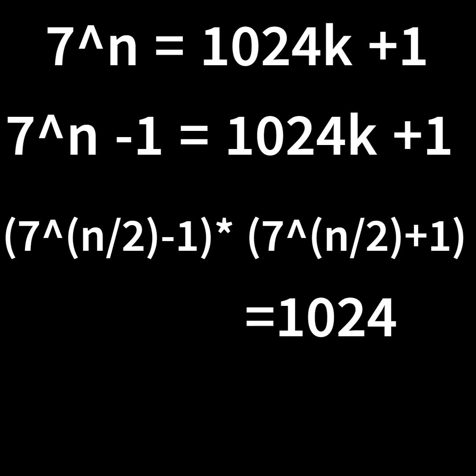Rearranging, we get 7 raised to power n minus 1 equals 1024 times k. Since a squared minus b squared equals (a minus b) times (a plus b), (7 raised to power n/2 minus 1) times (7 raised to power n/2 plus 1) equals 1024 times k.